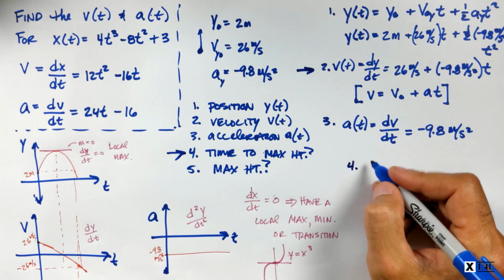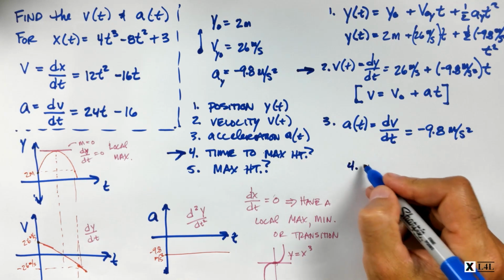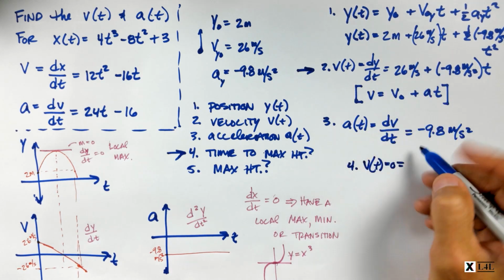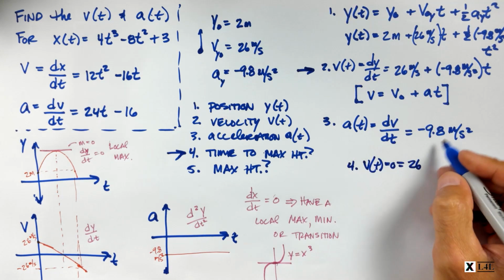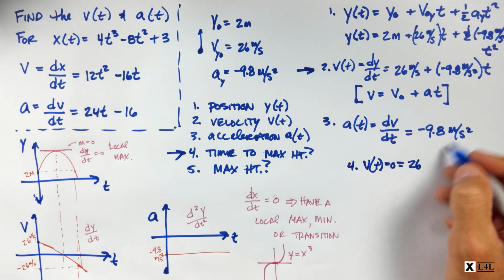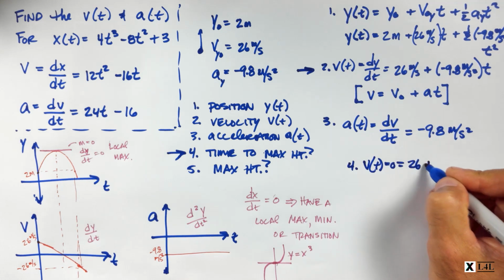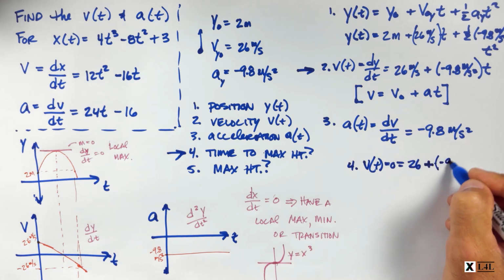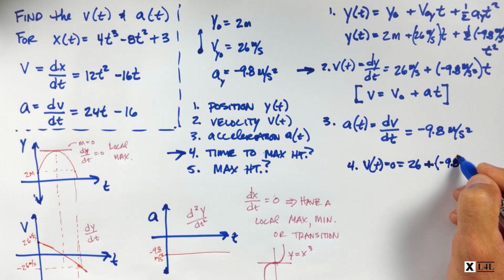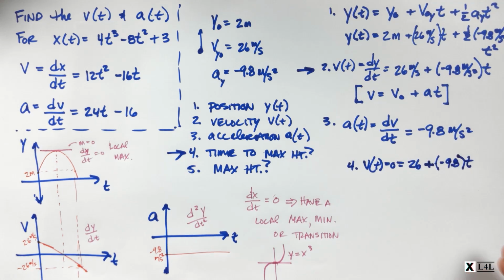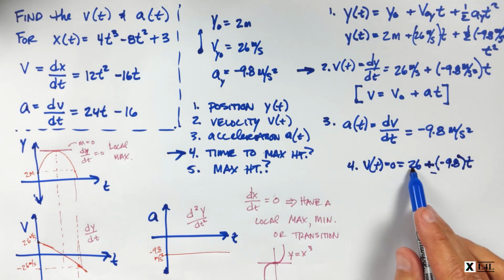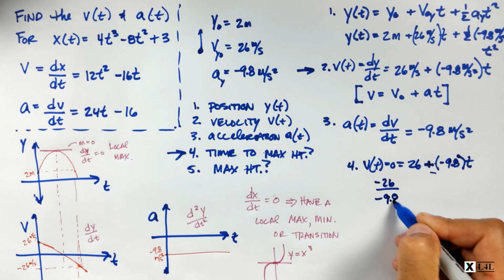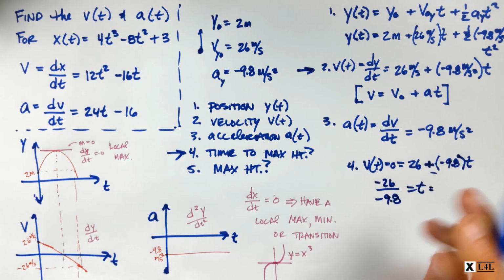We're going to say that the velocity function is equal to 0, which is equal to 26. For space, I'm going to drop the units here, and it's plus and negative, so I could have just left that as negative, but 9.8 times t. I'm solving for t, so I'm going to subtract the 26, divide by the 9.8, gives me t.